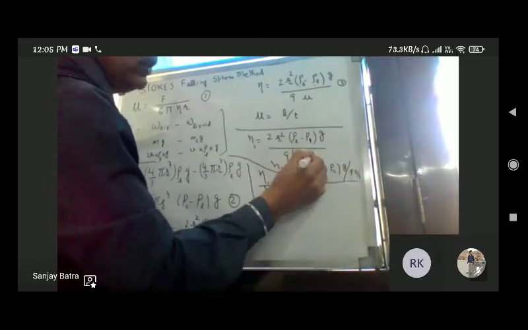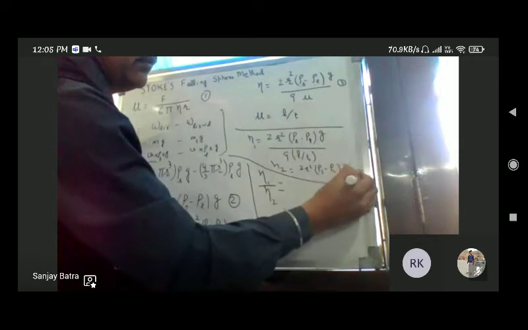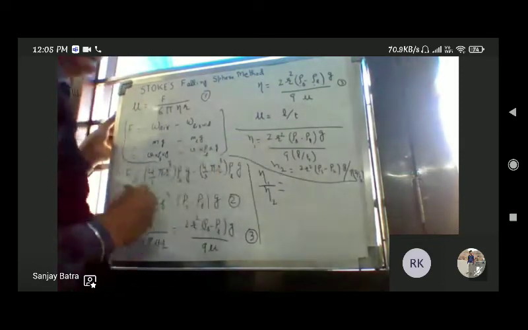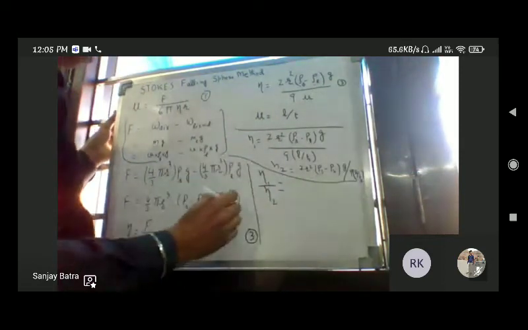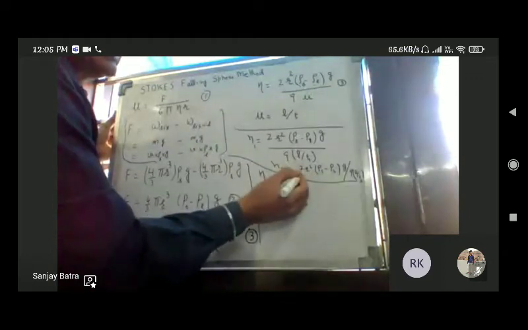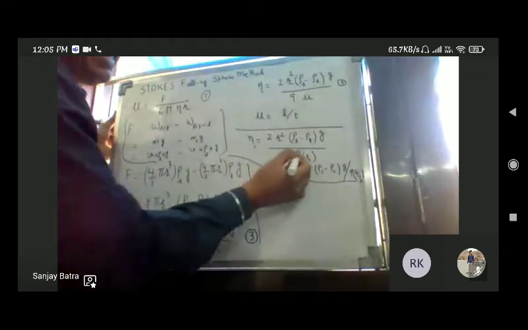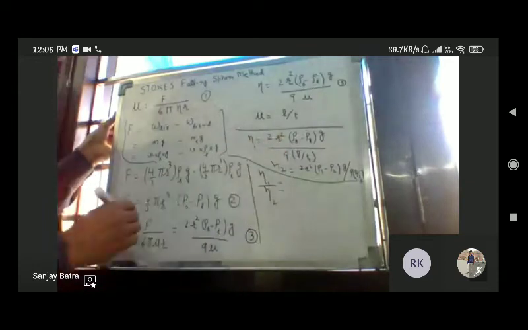ये t1 हो जाएगा यहाँ पे और ये t2 हो जाएगा. L will remain constant. So when I divide, this 2r is going to get cancelled, g is going to get cancelled, L is going to get cancelled, 9 is going to get cancelled.